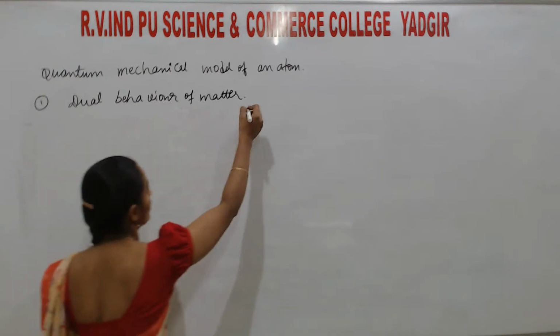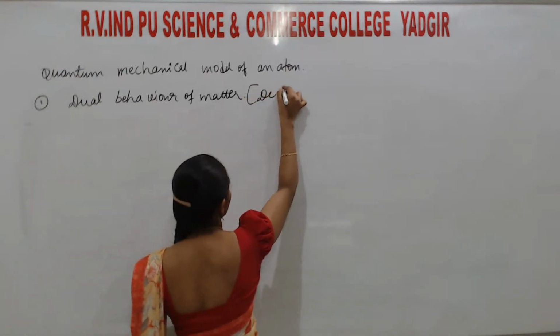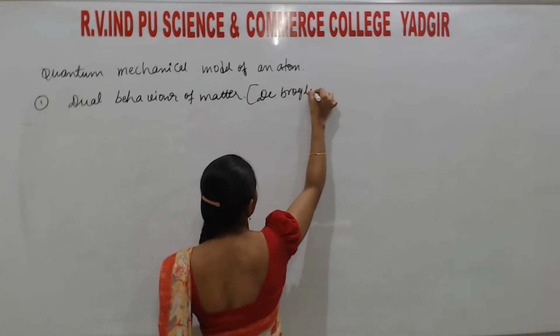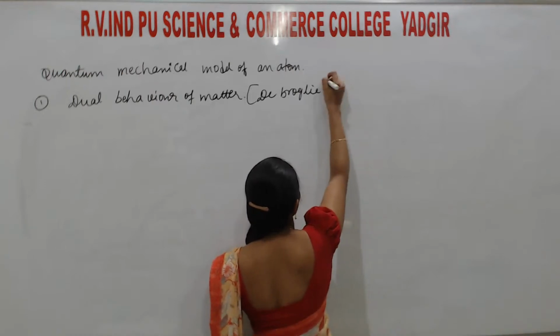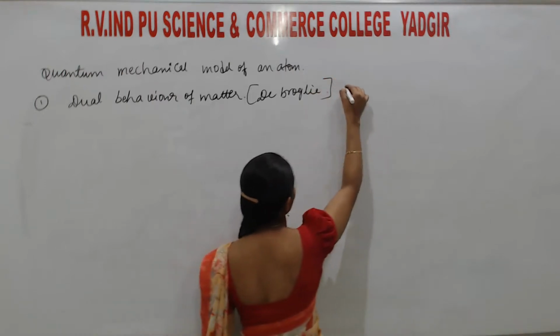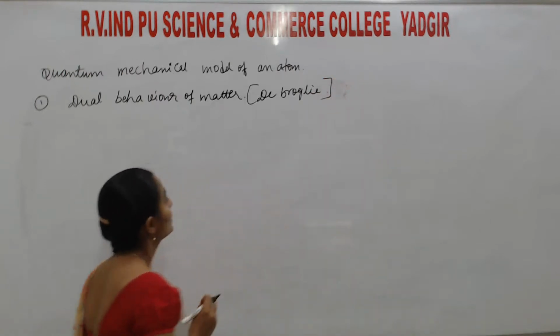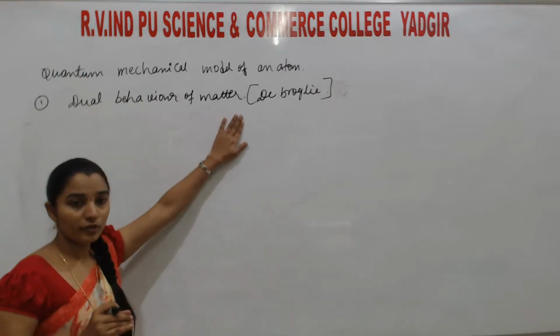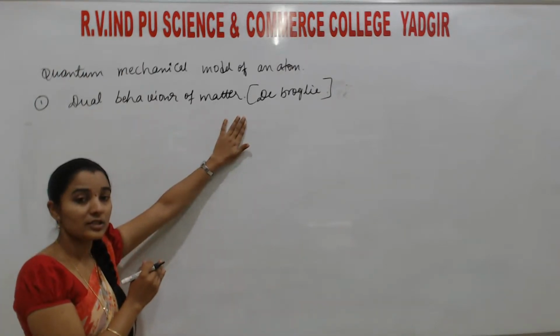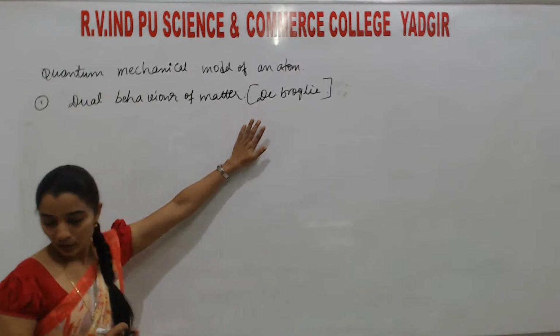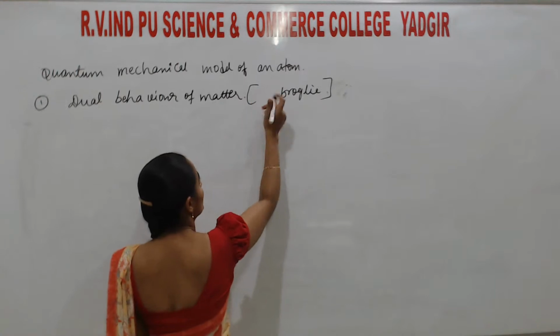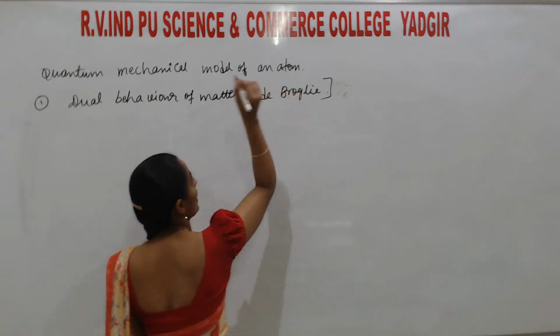So this is also the de Broglie equation. That is explained by de Broglie, and this is also called, okay, later I will say. So this one, dual behavior of matter. Initially what I said, that is nature of matter, explained by whom? De Broglie, the scientist.